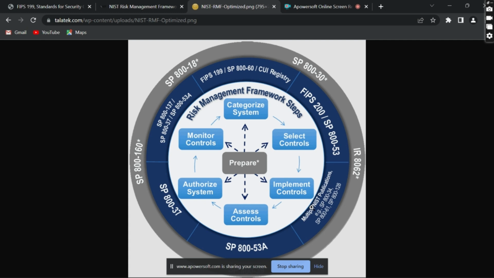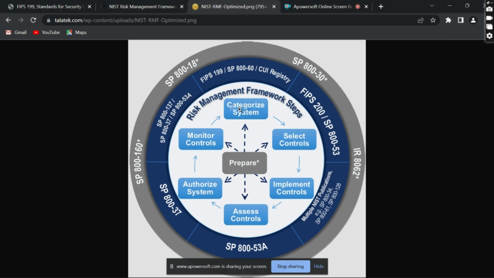Assessment of the controls can be taken from Special Publication 800-53A. Authorization of the system is taken from Special Publication 800-37. And monitoring the controls can be taken from Special Publication 800-37 and Special Publication 800-53A.